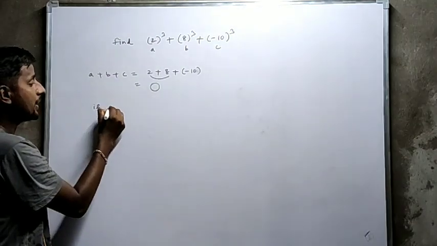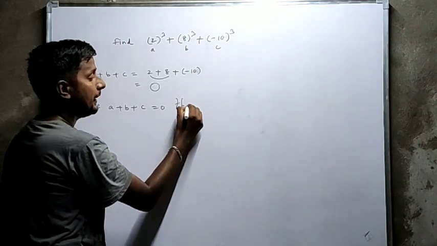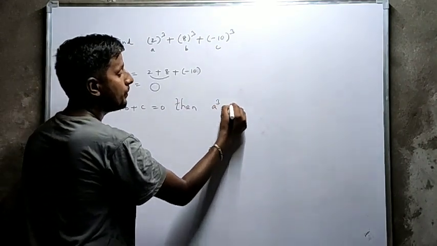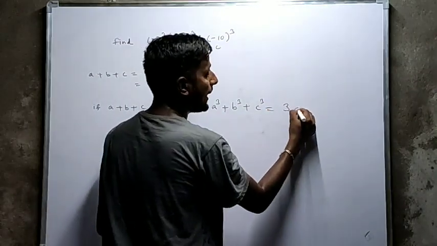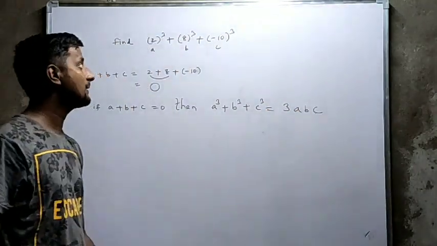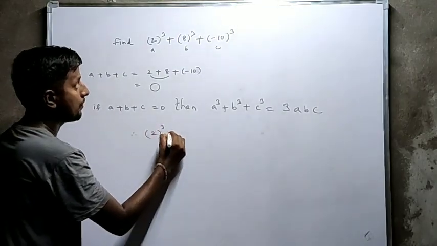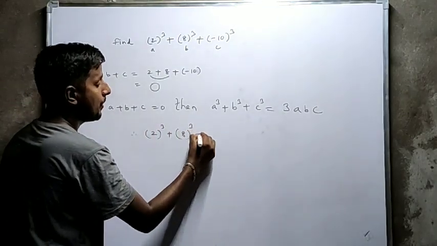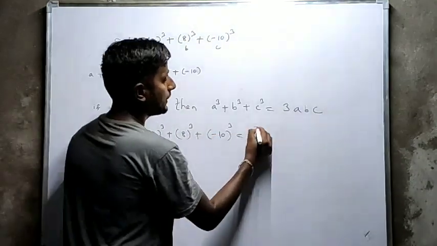Now the condition is if a plus b plus c value is equal to 0, then a cube plus b cube plus c cube is equal to just 3abc.